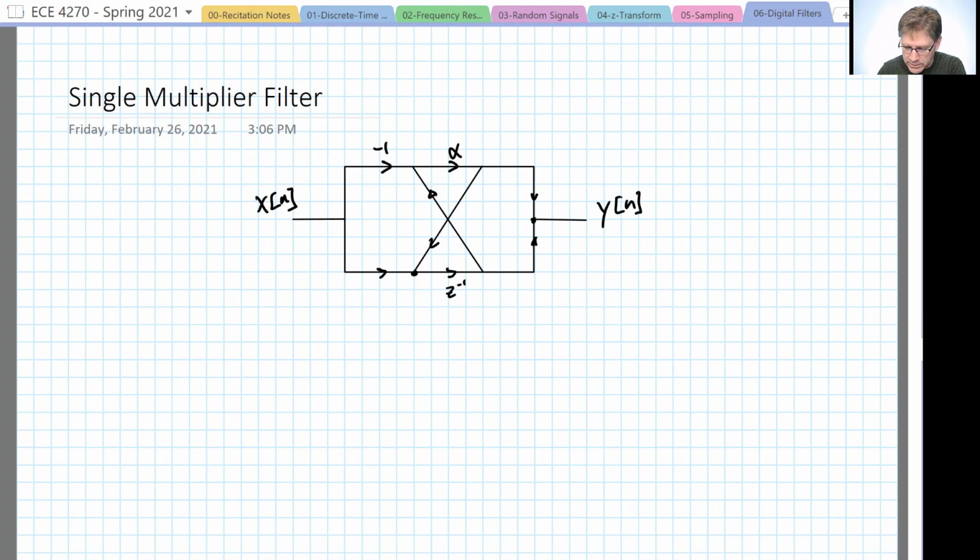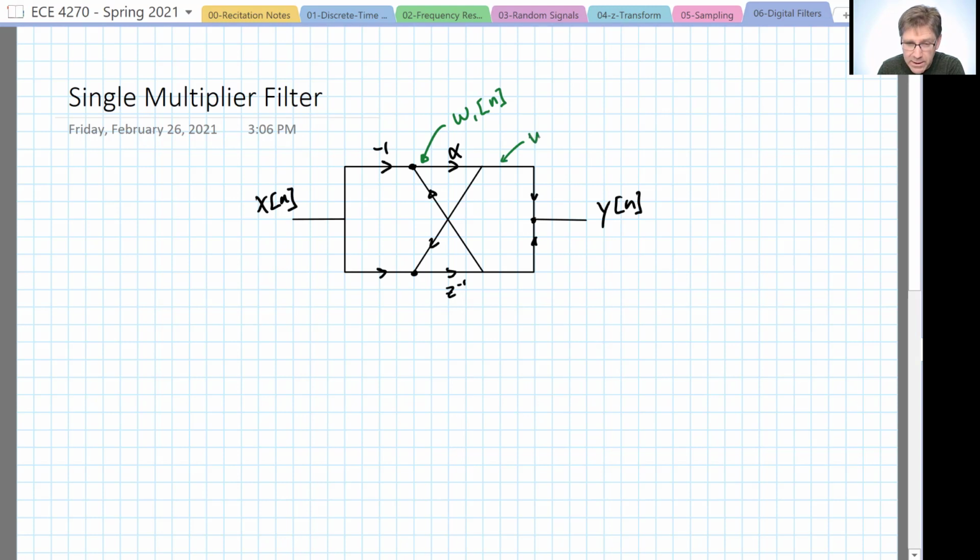In order to do this, let's first look at all of these summing nodes that we have and define a signal name coming out of each one. So we'll call this one W1 of n. Here, this is W2.